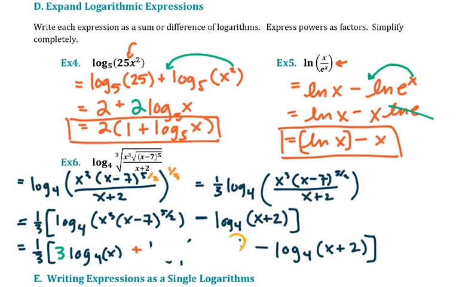I'll erase that. And when the 5/2 comes in front, I'm left with log base 4 of x minus 7. And so now I've written these all as nice, easy to deal with logs.